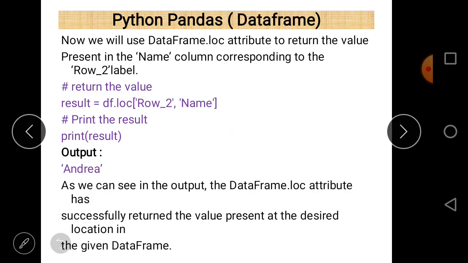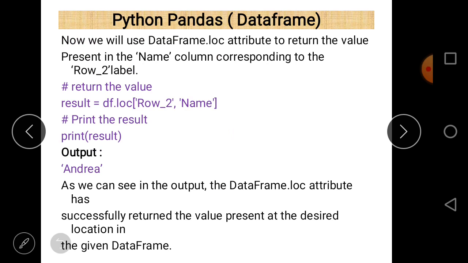Now if we use the dataframe.loc attribute, what happens? There is a variable named result, and we assign it df.loc[row2, name]. Here row2 is the name of the row and name is the name of the column.